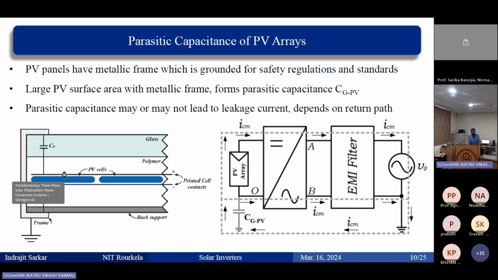Because when it is a cable used in case of AC, then the cable takes a huge amount of charging current, and when its length is more than that specified length, then the entire reactive power will be consumed by charging the cable. So you cannot use it.